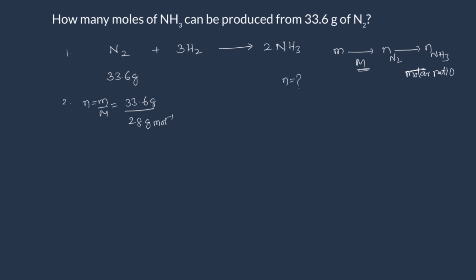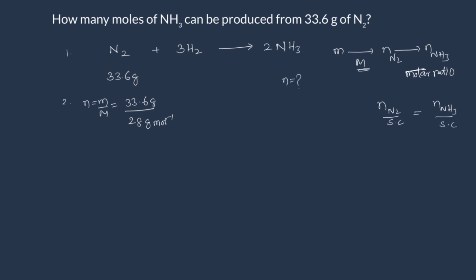So this is the mole of nitrogen. Then what do we have to use now? Stoichiometry, the molar ratio. So now the number of moles of N2 by its stoichiometric coefficient is equal to the number of moles of NH3 by its stoichiometric coefficient.